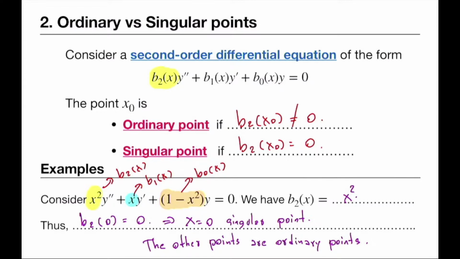As you can see, b2, which is x squared, is 0 if and only if x is 0. So x equals 0 is a singular point. For any other point, for example, if x is 3, x squared is 9, which is not 0, which means that x equals 3 is an ordinary point. So 0 is a singular point and any other points are ordinary points.